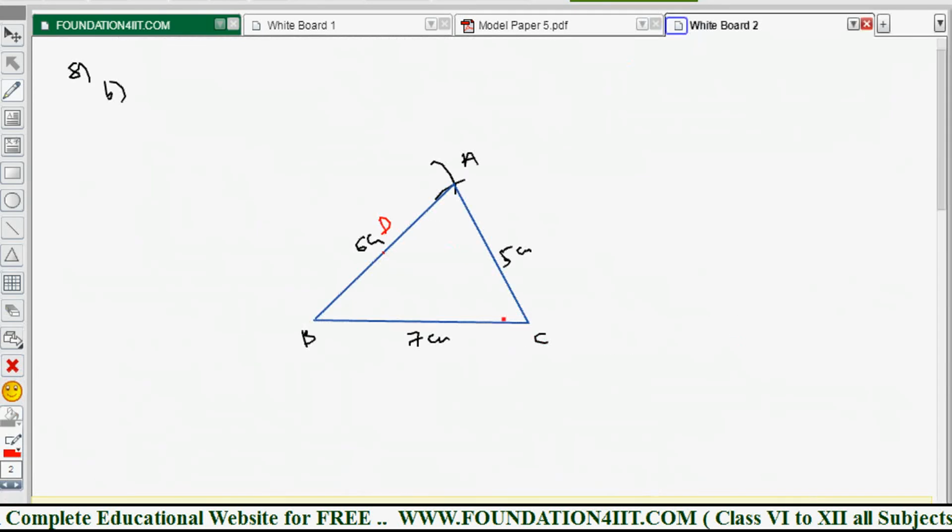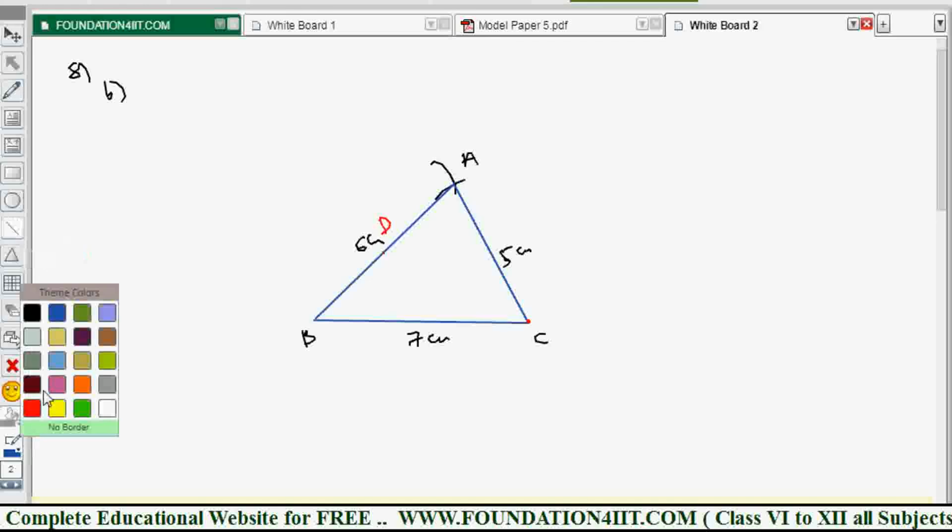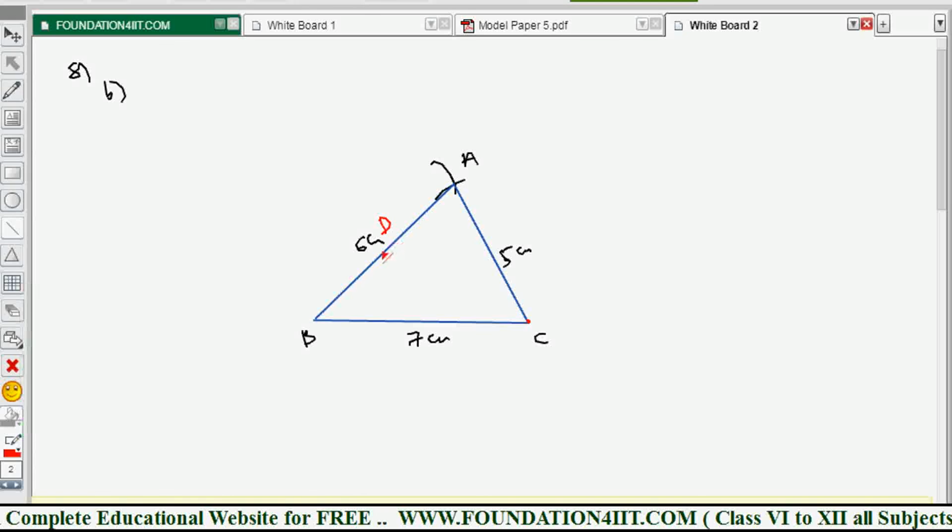So if you observe, this is C and this is D. Join both, you join D and C. So the circle should pass through D and C. Now, in any circle, let me show you the property.